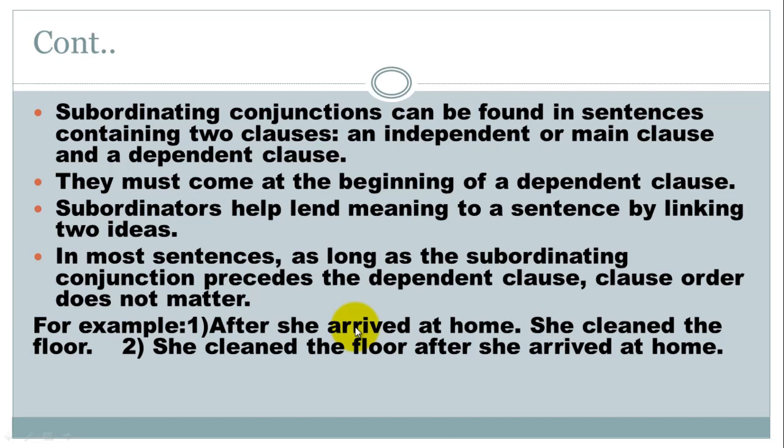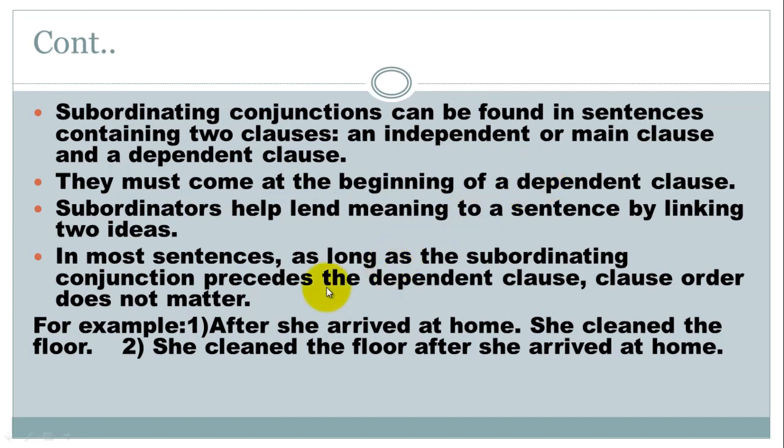What happened later? What's going on? Those are the questions running through your mind. So that's a dependent clause. It cannot be a complete sentence, as I told you before. You look at this point: subordinating conjunction must come at the beginning of a dependent clause. That's a must.